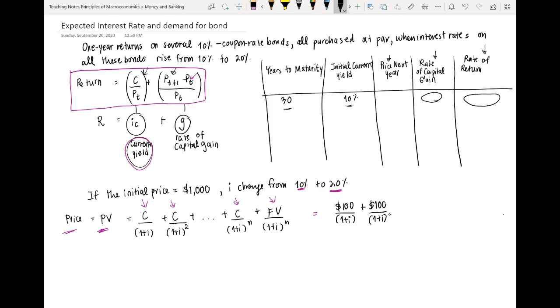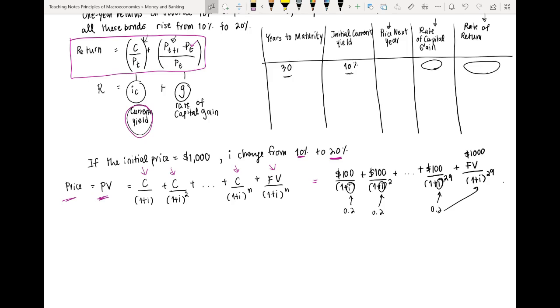If you want, you can sell it, right? Next year, if you want to sell it, what should be the price? This is what we are calculating. $100, another 29 years, because you already have it for 1 year. Face value is $1,000. 29 years. Interest rate here is 0.2, right?